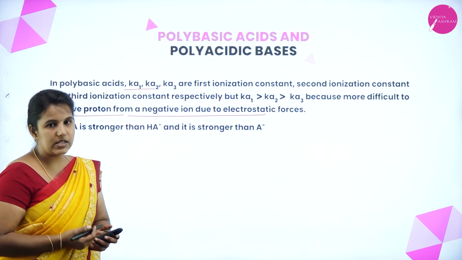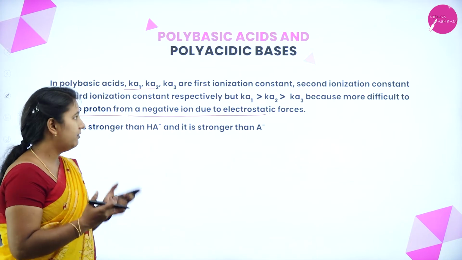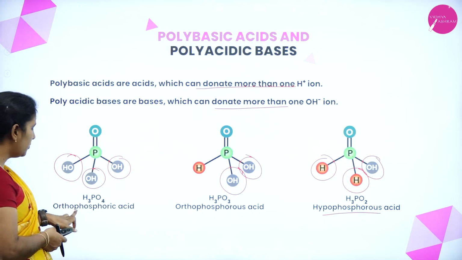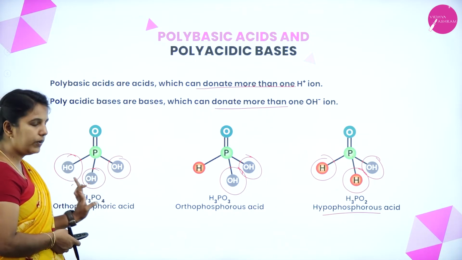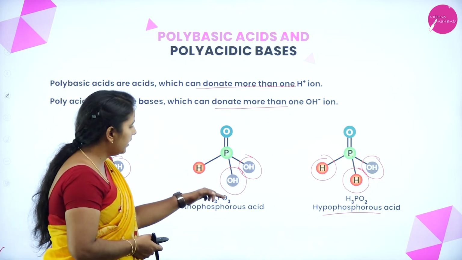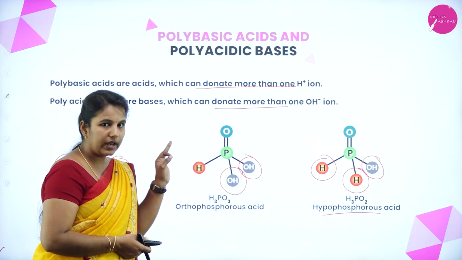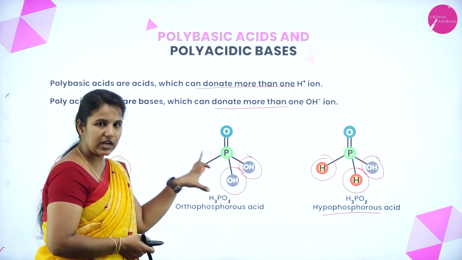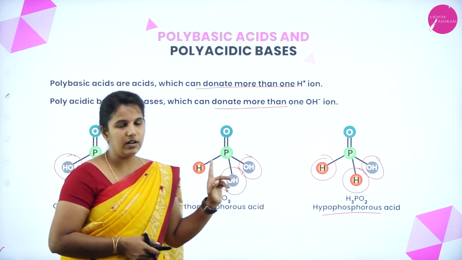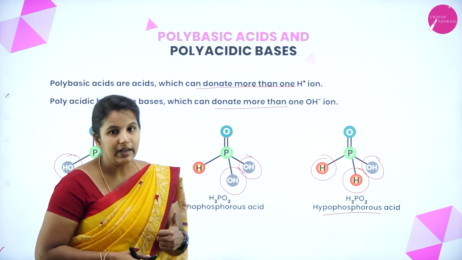So it is not very easy to remove H plus ions from a negatively charged ion. That is why in orthophosphoric acid we can easily remove the 3 hydrogen atoms, whereas in the others, even though 3 hydrogen atoms are present, only 2 can be replaced, because one is directly bonded with the phosphorus. Here only 1 hydrogen atom is available and the other 2 are directly bonded to the central atom.